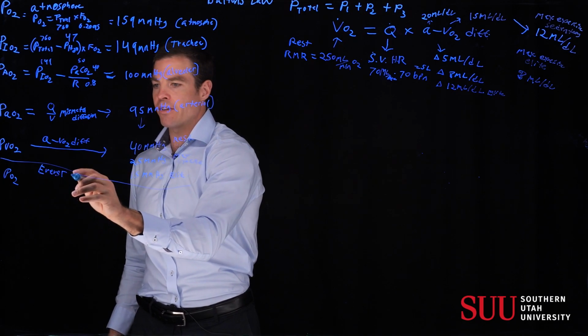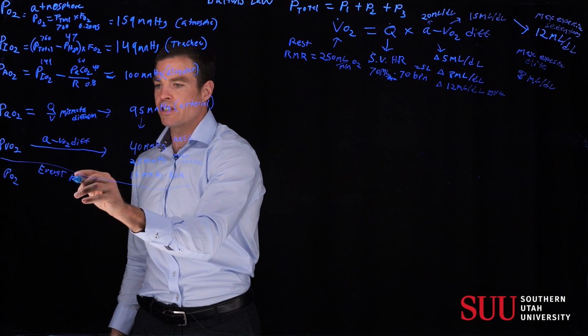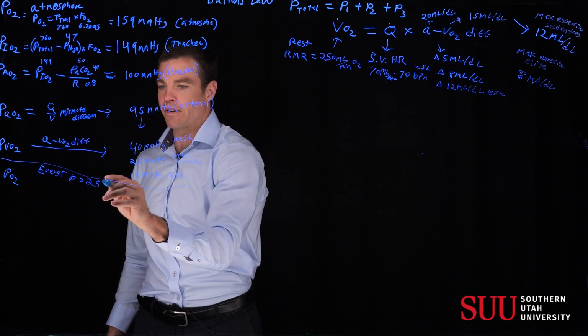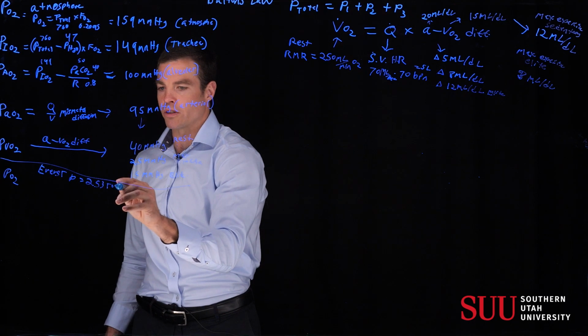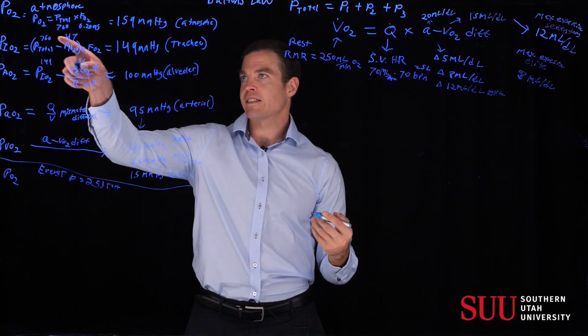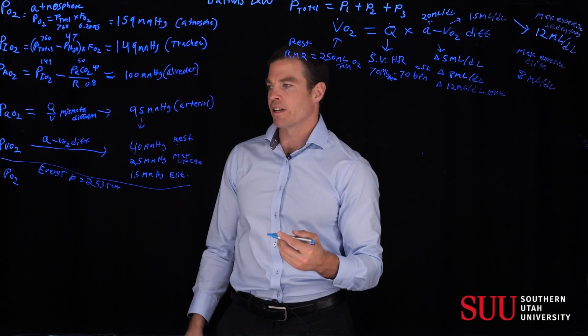Now, at Everest, the total pressure is going to equal about 253 torr, or millimeters of mercury. So we can do the exact same math that we did over here.